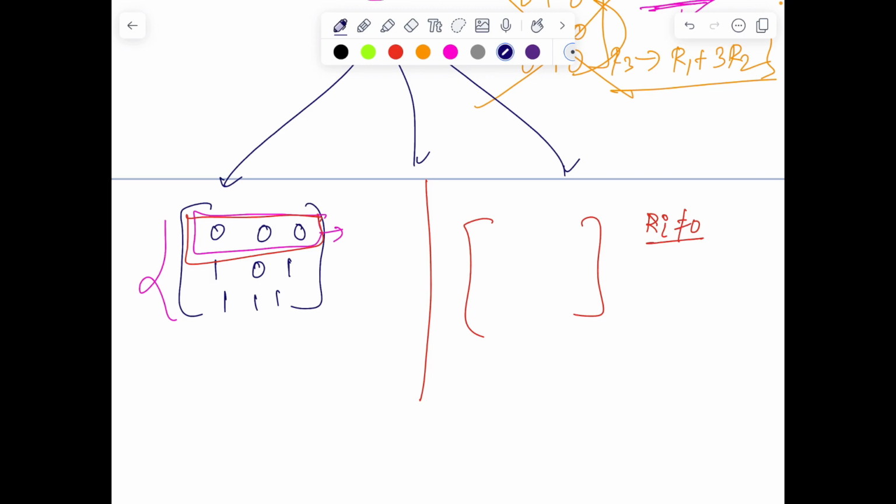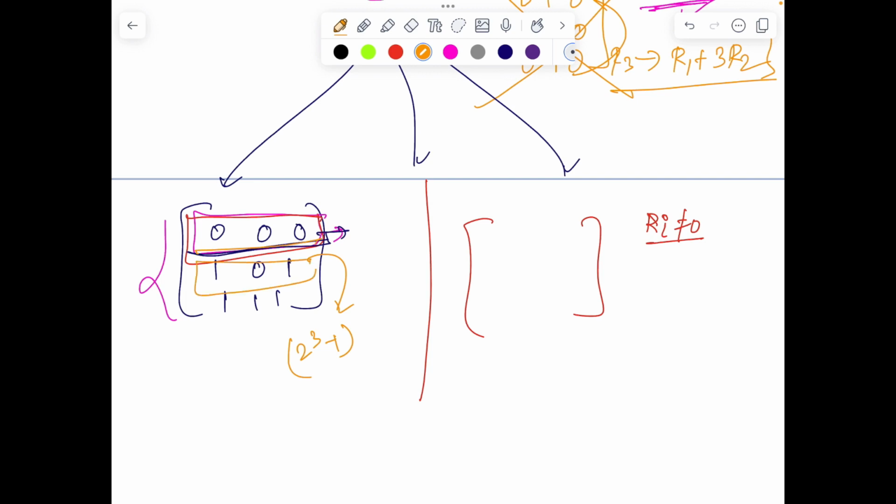Okay, so in this case how many possibilities will there be? Since each row is unique, because for 2 equal and 3 equal we have already considered. So let's say the first is 0 0 0; for the second vector, how many choices do we have? We have 2 cube minus 1 choices.